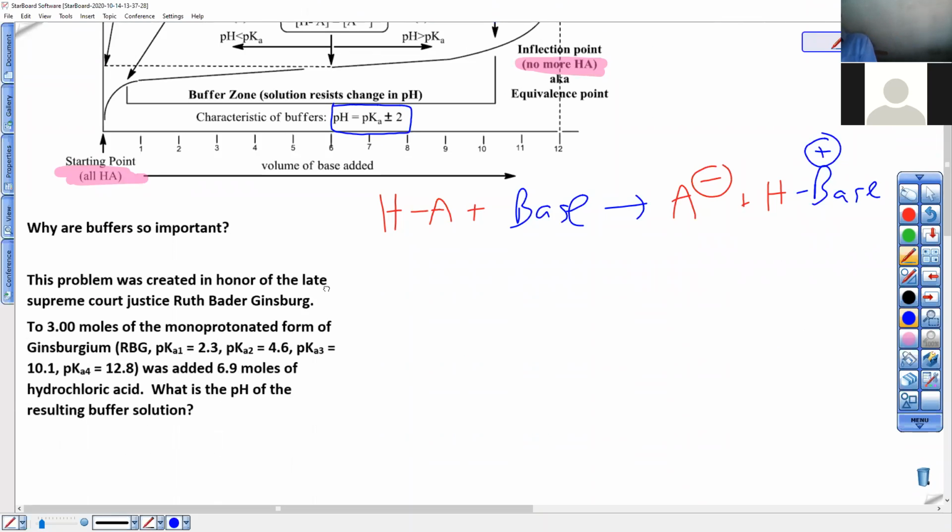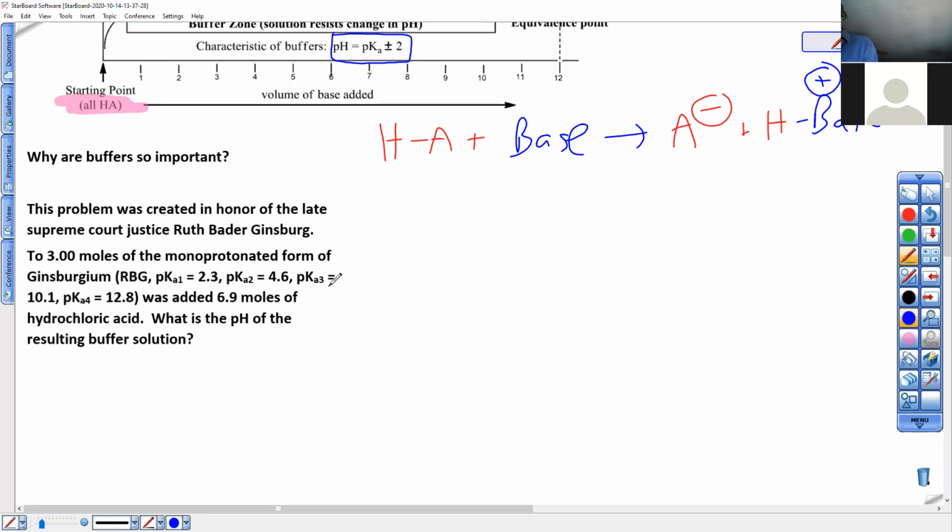Now, why are buffers important? They're incredibly important. We owe our lives to them. Let's just take it in a very general sense. Reactions in biological systems are catalyzed by enzymes.